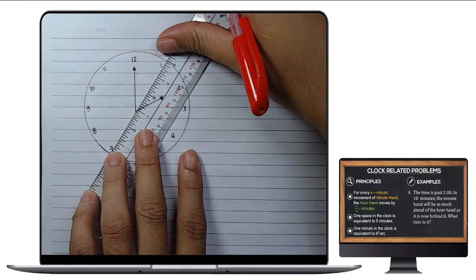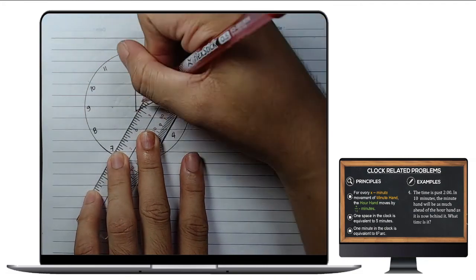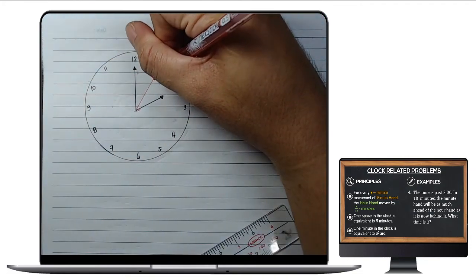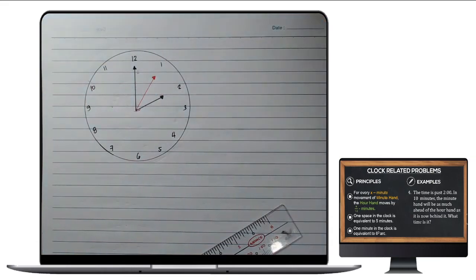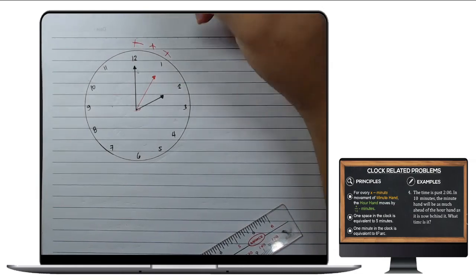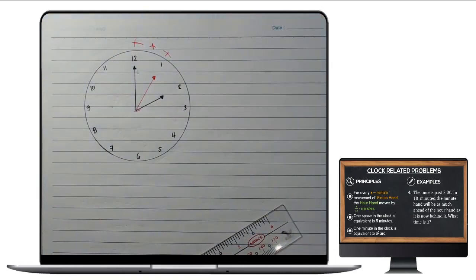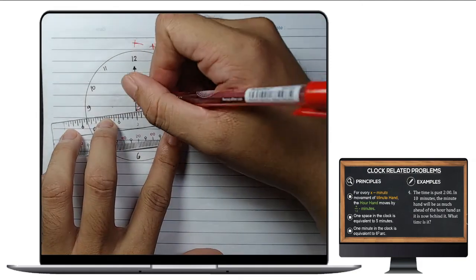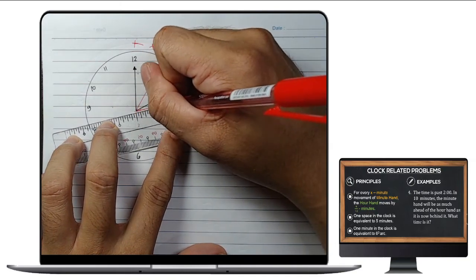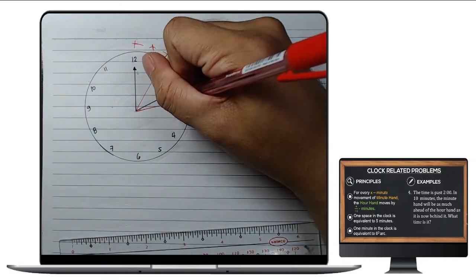So we can say that the minute hand, let's say, is somewhere here pa lamang. Nandyan pa lang siya, hindi pa siya mauuna kay hour hand. So let's say here is your minute hand. Its movement from its initial position is x. Then simultaneously, move din yung ating hour hand.